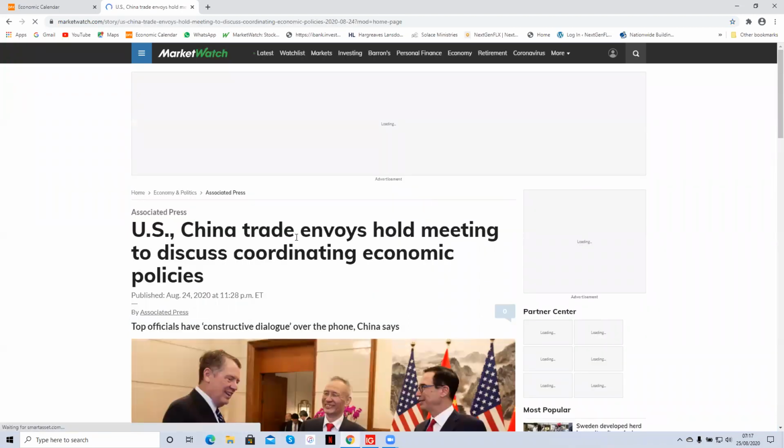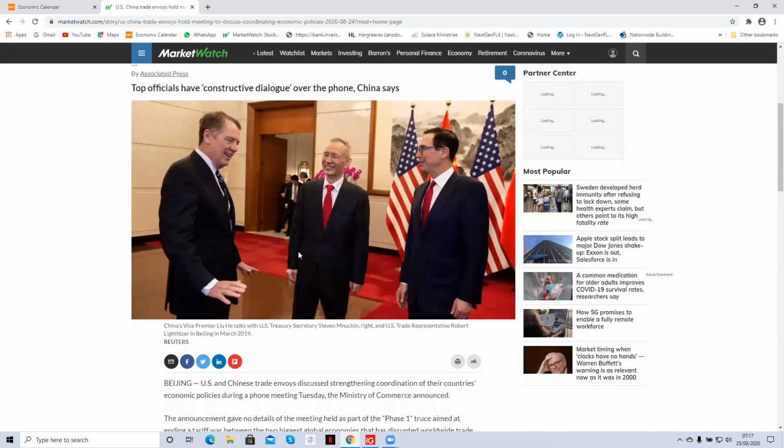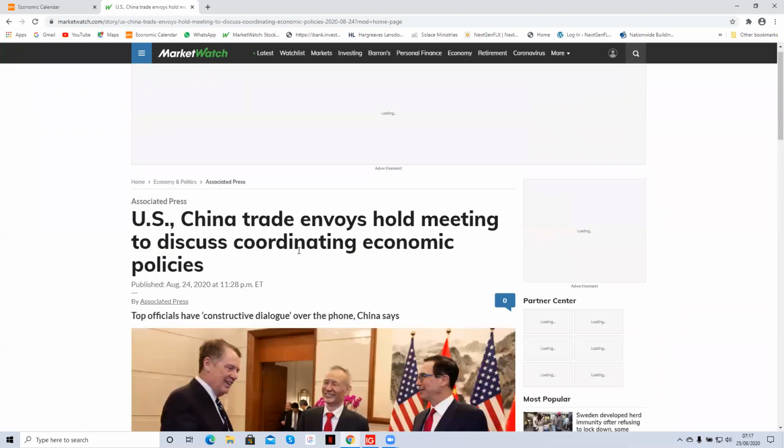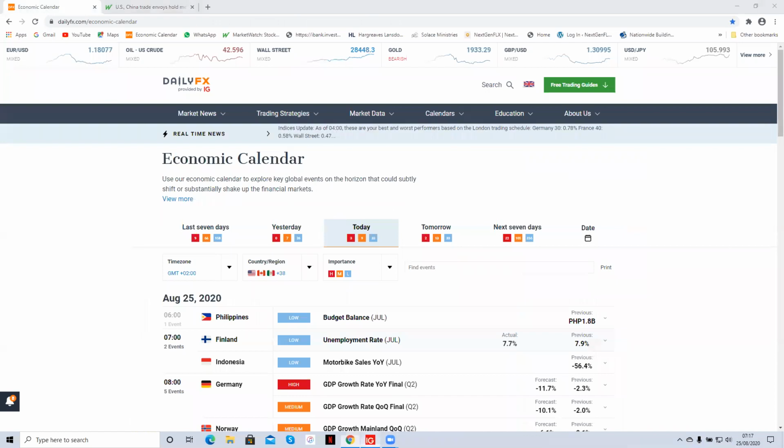So obviously this is the one that could affect currencies, this US-China trade tension. So these are the ones that could cause problems with the markets. But people are happy that at least they're talking, which is a good sign and a positive sign. So those are the ones you keep your eye on. It's the major news. Okay, so you can see there's a lot you need to do before you go straight to the charts.